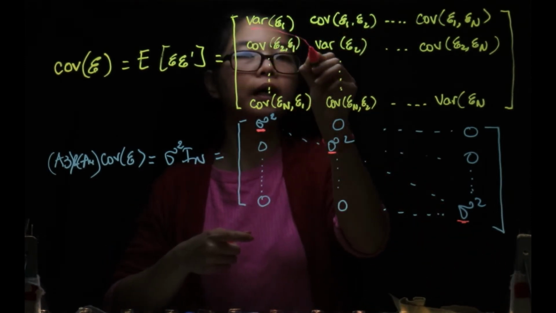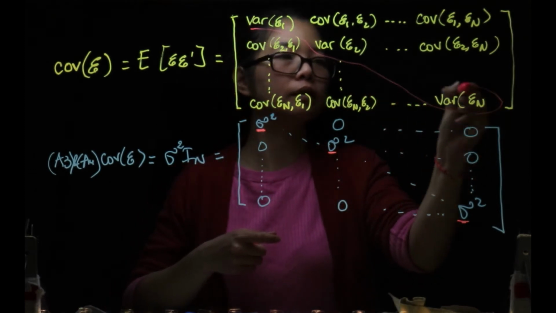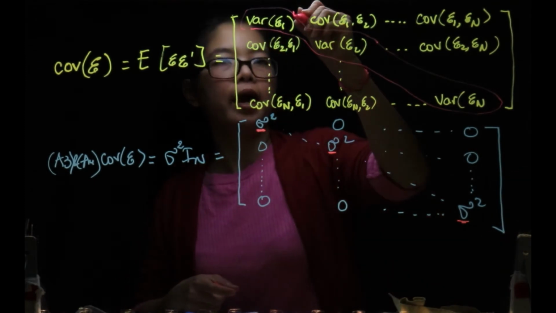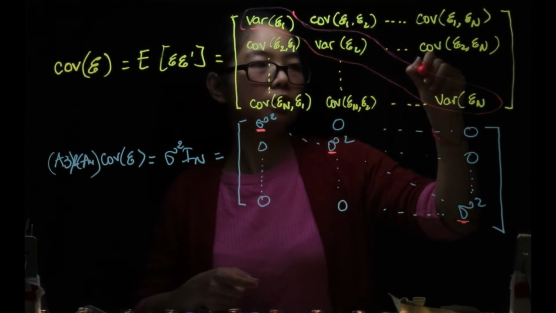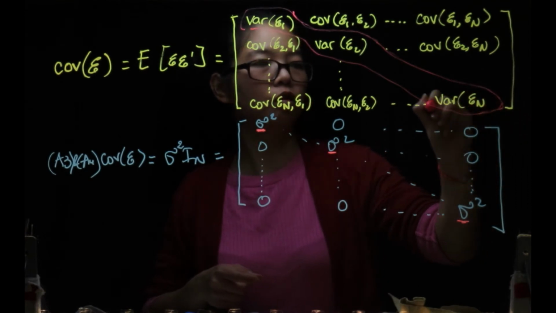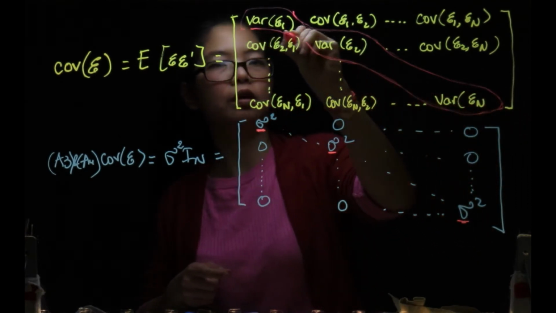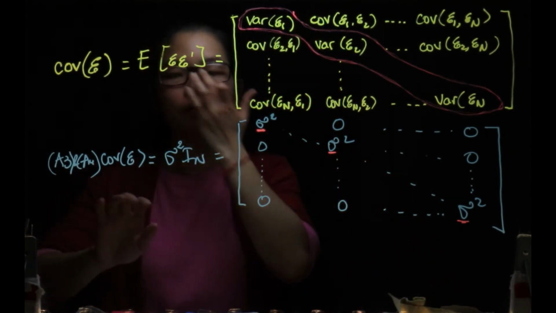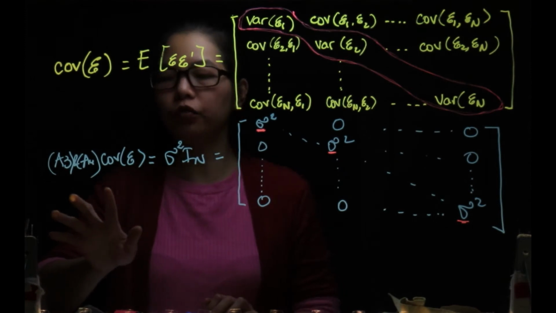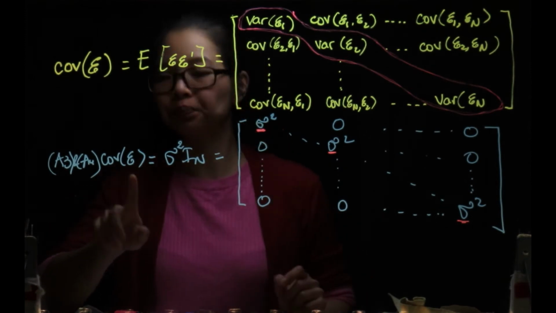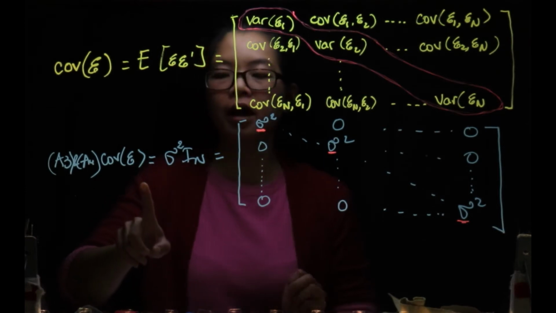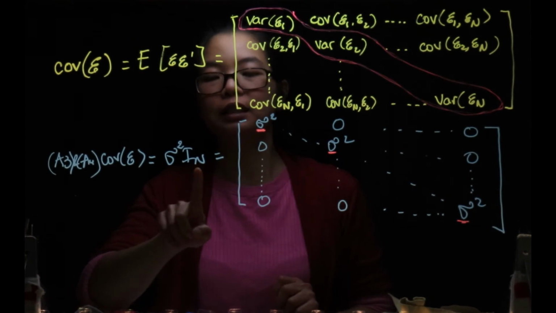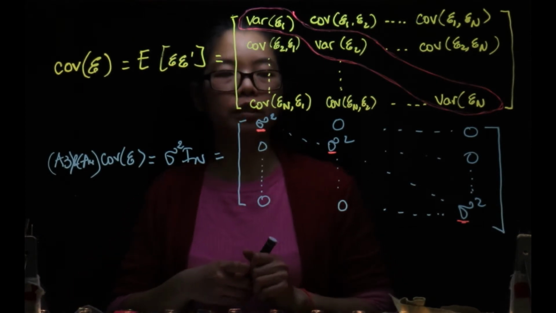So here, here, here, right, are the variances. And everywhere else off the main diagonal are the covariances of different error terms. Alright? And under the Gauss Markov assumptions A3 and A4, the covariance matrix of the error terms is given by sigma square, a constant sigma square, times an identity matrix.